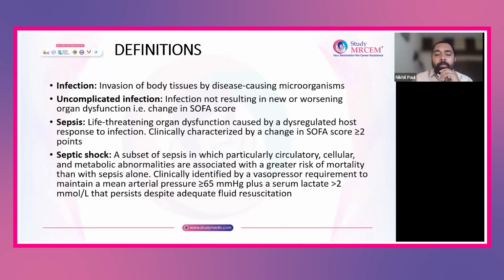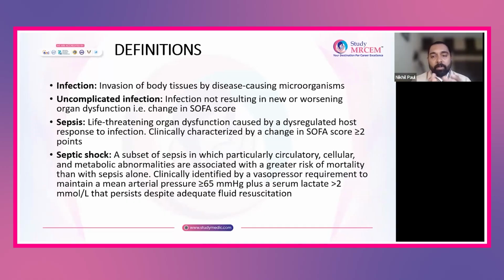Clinically, this can be identified by vasopressor requirement to maintain a MAP of more than 65 plus a serum lactate of more than 2 millimoles per liter, even after adequate fluid resuscitation. So 2 points, the vasopressor requirement to maintain MAP more than 65, and serum lactate more than 2 millimoles per liter even after fluid resuscitation.